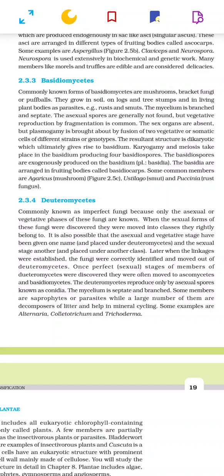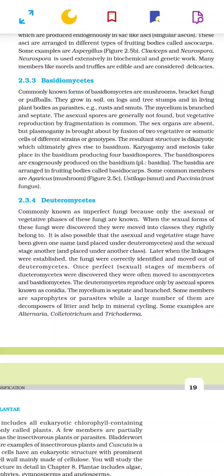Later, when the linkages were established, the fungi were correctly identified and moved out of the Deuteromycetes. Once perfect sexual stages of the members of Deuteromycetes were discovered, they were often moved to Ascomycetes and Basidiomycetes.